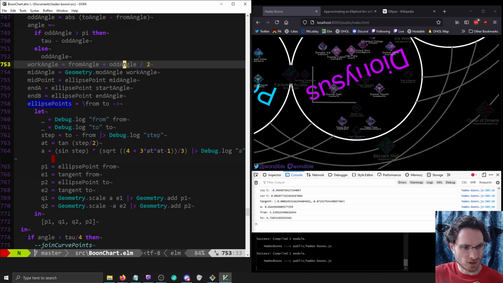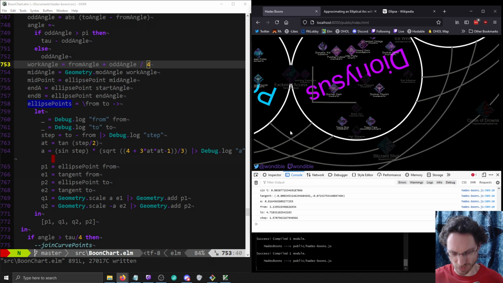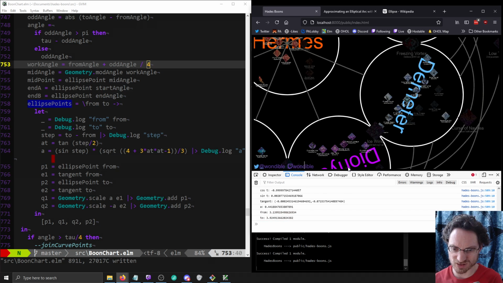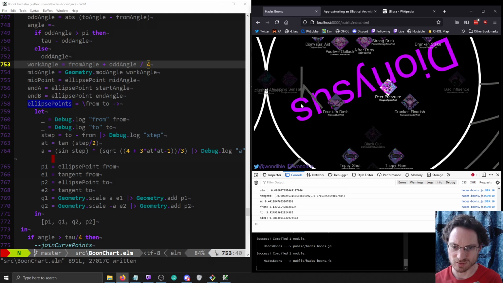Right now we're defining mid-angle by that plus that. So that is approximately pi divided by 2. He was working with pi divided by 4 and got 0.2. Yeah, we're still almost exactly twice as big.